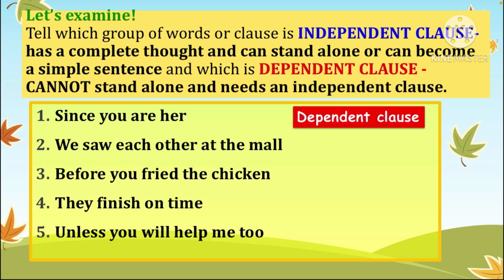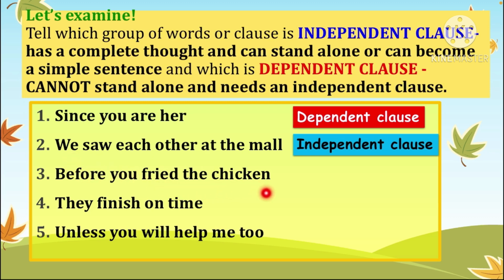How about number 2? We saw each other at the mall. Is it dependent clause or independent clause? You're right. It is independent clause. Number 3. Before you fried the chicken.